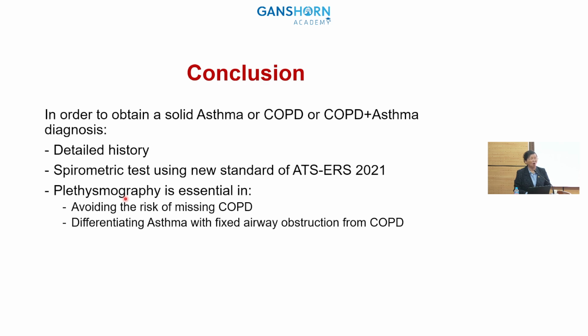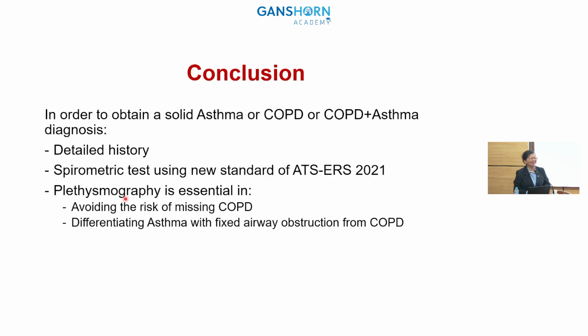If you have your own spirometer, you have to change. With the new one, we have the GLI and the Z-score, so please use it with the Southeast Asian reference. And plethysmography is essential. If you have typical asthma, you can stop there.